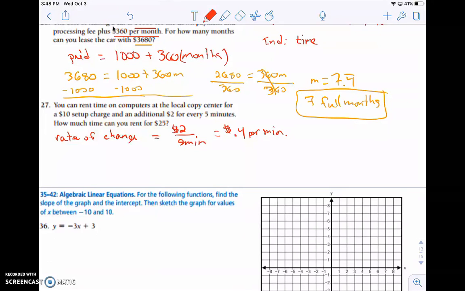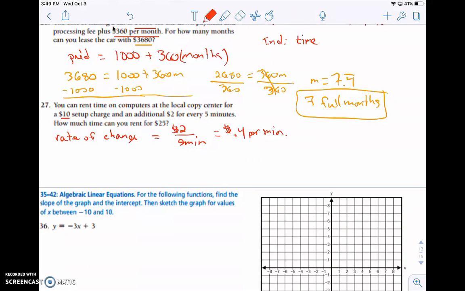So we have to make sure that we get that rate of change down into per 1 unit time. If it's $2 for every 5, then that's 40 cents for every single minute. So that's our rate of change. The $10 setup, that's an initial cost that they're going to charge you, whether you're in there for 5 minutes or 5 hours.